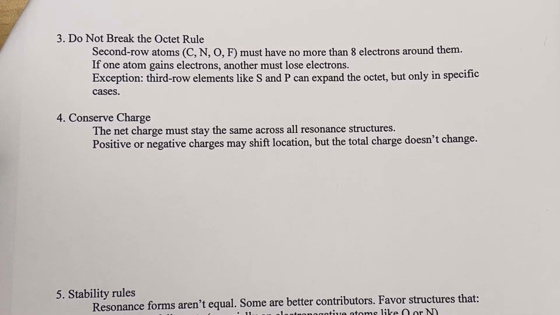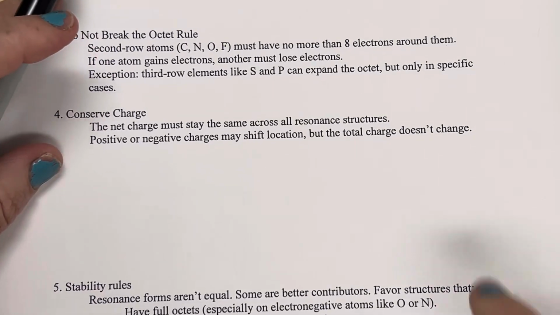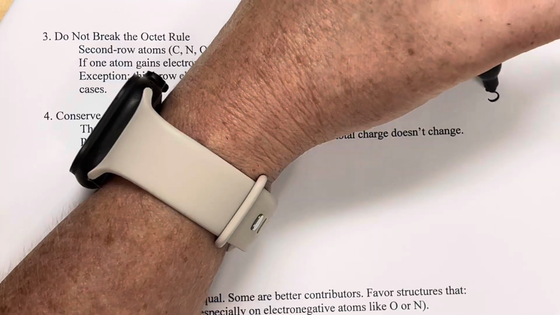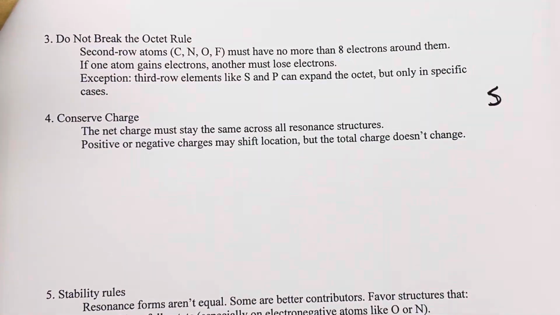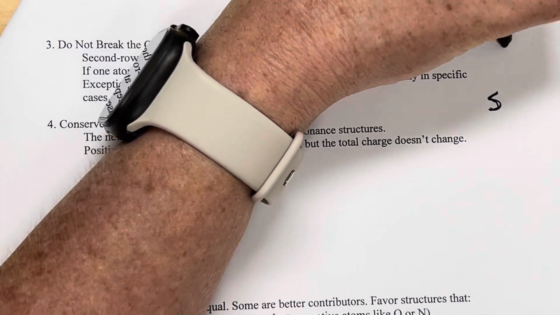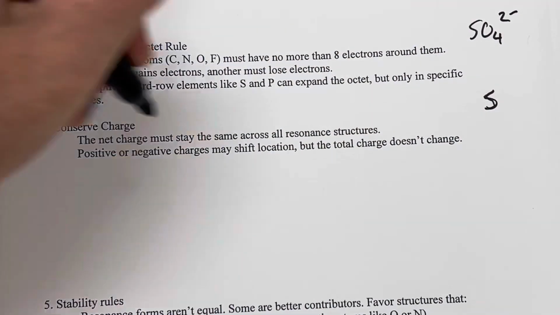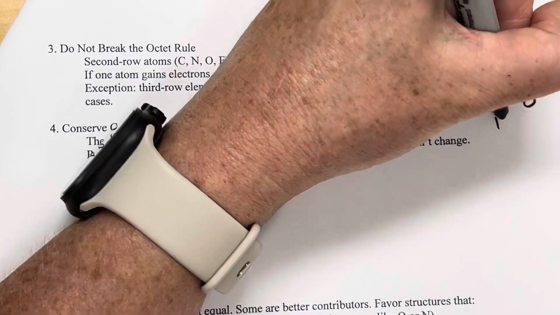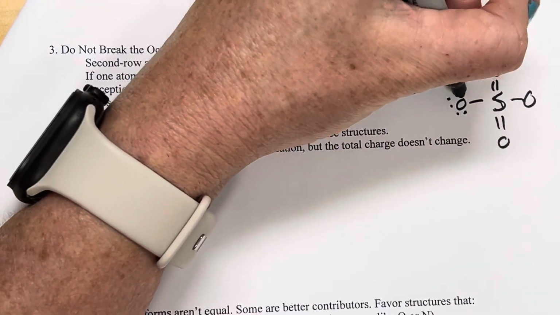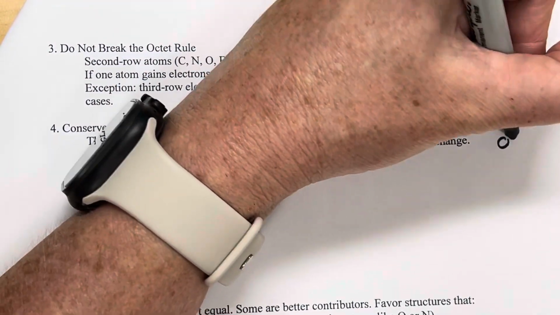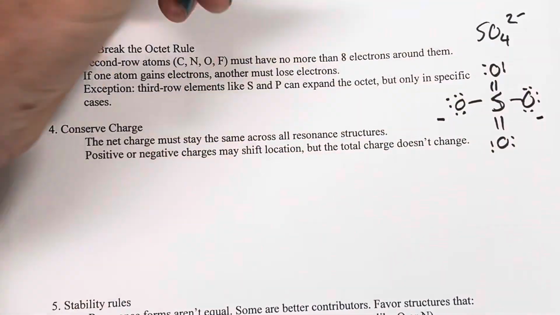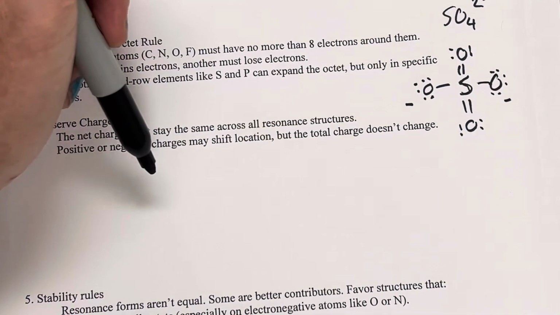The exception would be third row elements. S and P can expand their octet, but only in specific cases. For example, sulfate might be a common ion you've drawn in your life. Sulfate is SO4 2-, and it looks something like this. I'll draw all the dots for you. This is a negative charge, this is a negative charge, and both of these oxygens are neutral.